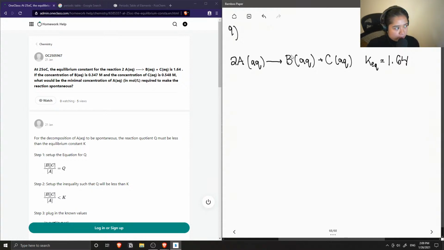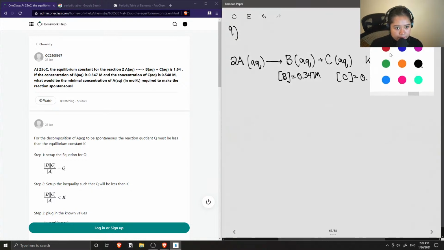So we know the concentration of B is equal to 0.347 moles per liter. And we also know the concentration of C is 0.548 moles per liter. And we just need to find the minimal concentration of A to make the reaction spontaneous.